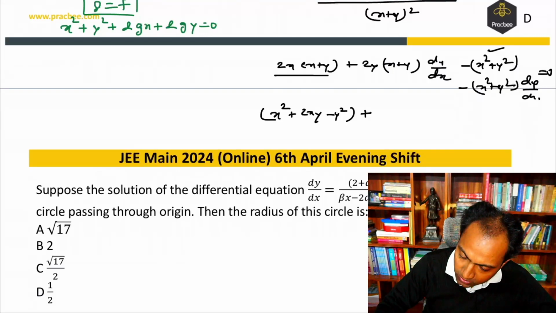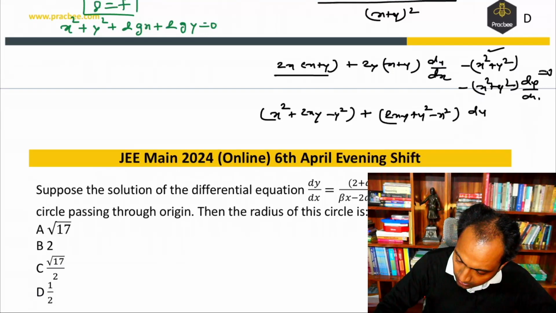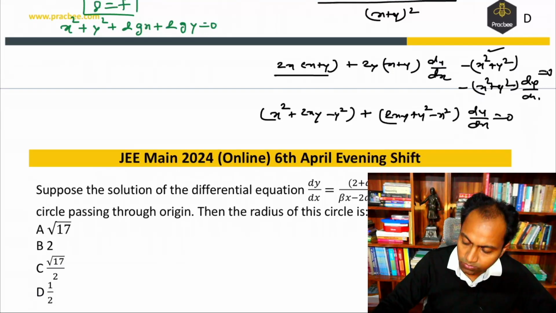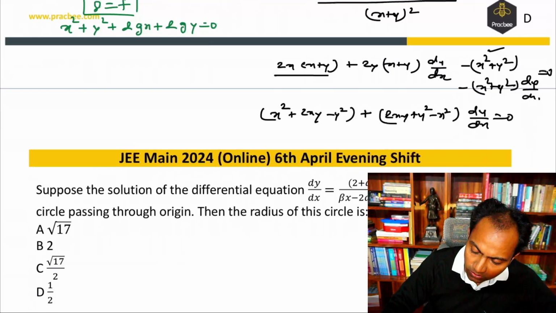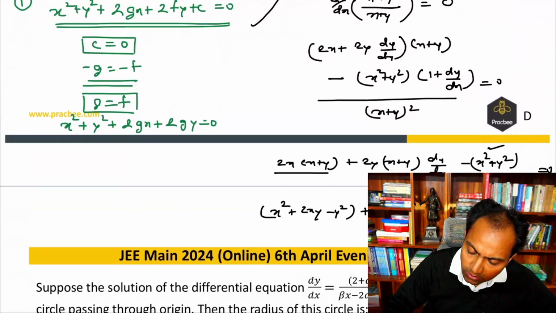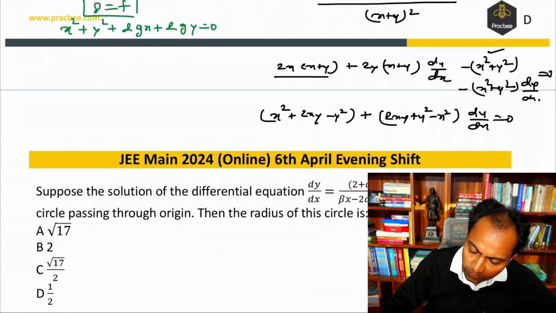and if I again subtract, what I am going to get is 2xy plus y square minus x square dy by dx is equal to 0. Now if I want to split it in dy by dx, let us take one on the left hand side, another one on the right hand side. Based on the pattern given in the question, dy is on the other side.